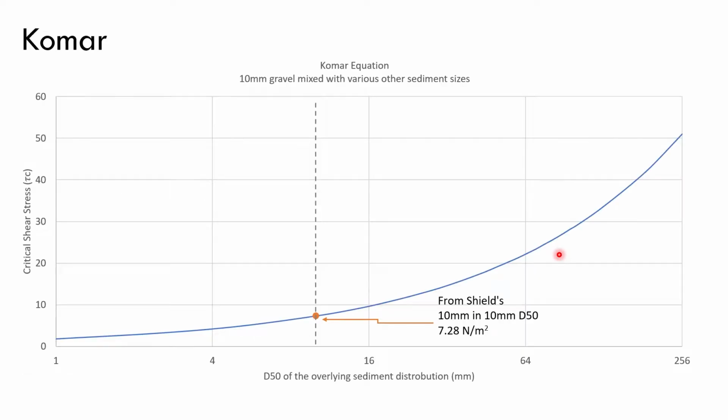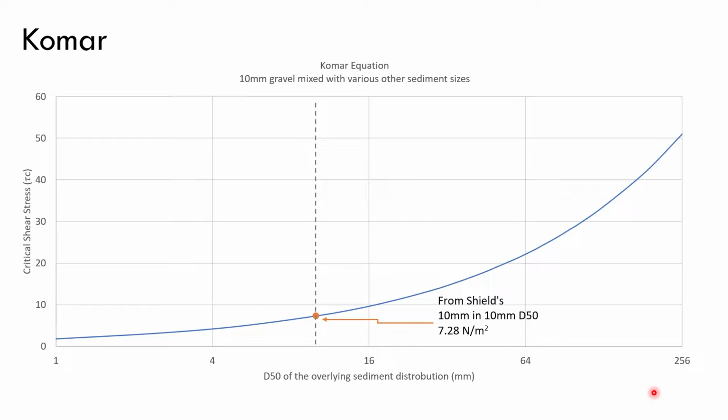What that looks like if we graph it is a curve that looks something like this. This is the curve related to 10 millimeter gravel, so our DI in this case is 10 millimeters. What I've done here is plot a range of D50 values.